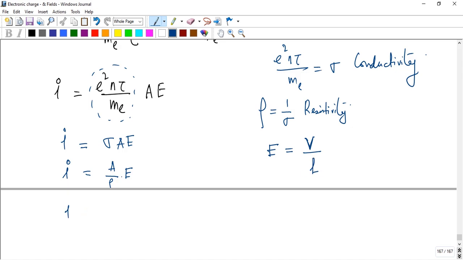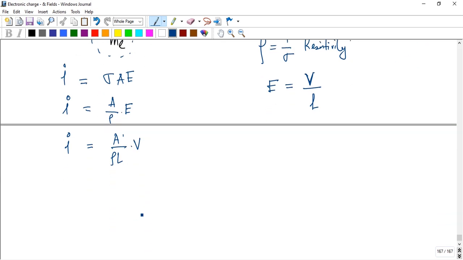So I equals A V by rho L, and rearranging, I times rho L by A equals V. So V equals rho L by A times I.